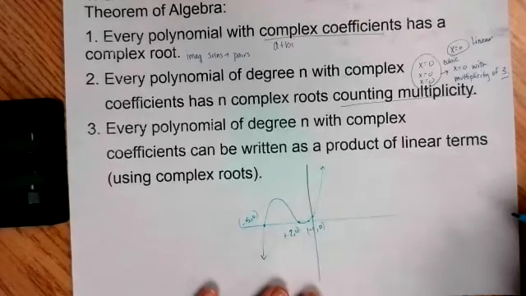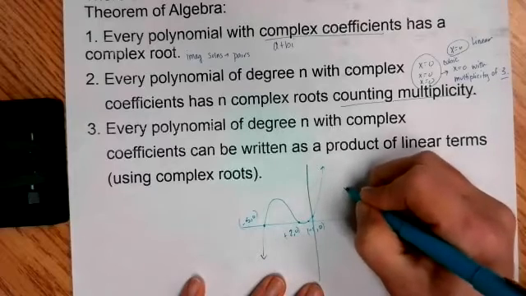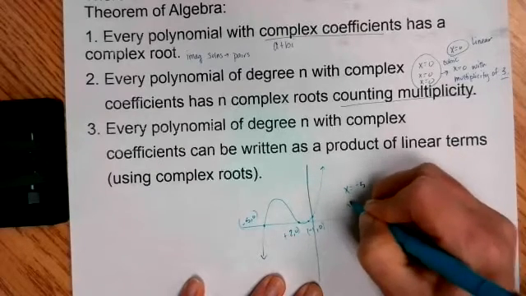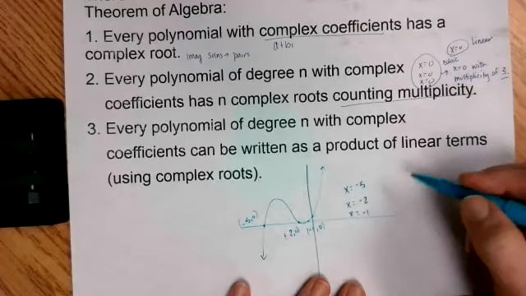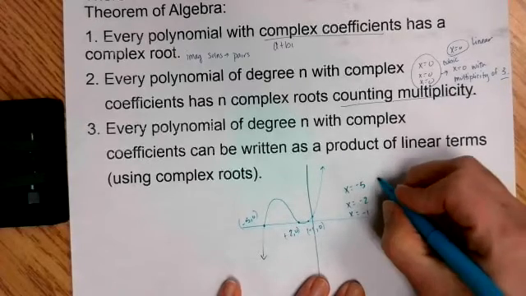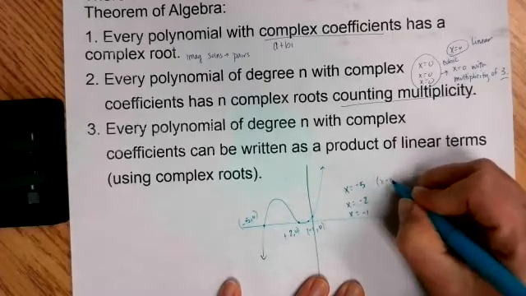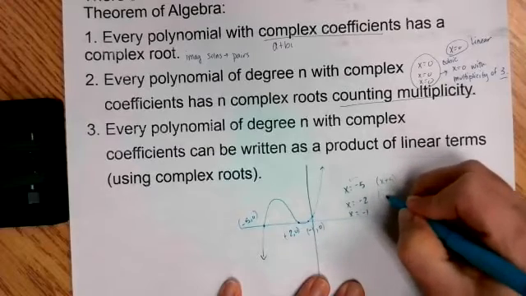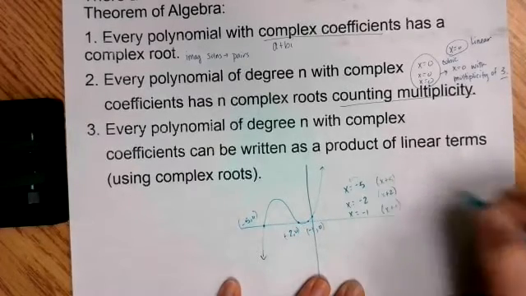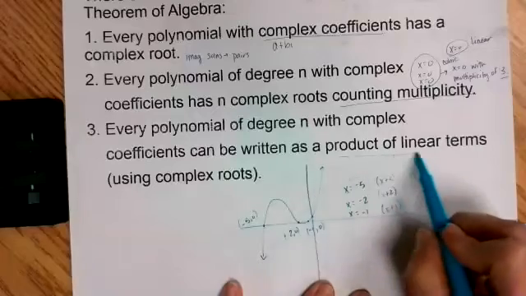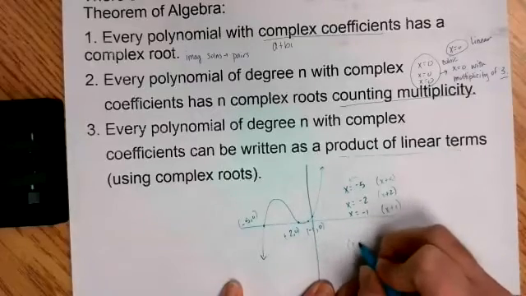But if I want to write this in factored form, so I have 3 solutions, x equals -5, x equals -2, x equals -1, I can write these as factors. So this would be x plus 5, moving the 5 to the other side, x plus 2, and x plus 1. So I could write these as a product of linear terms.